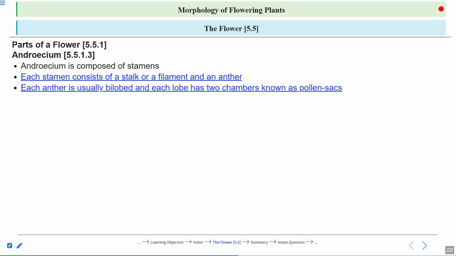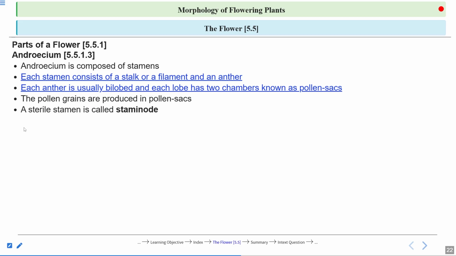If you cut the anther, you can see the two lobes, and each lobe has two chambers. So how many chambers are there in total? Four chambers, because two lobes are there, and in each lobe, two pollen sacs. So there will be four pollen sacs in total, right? The pollen grains are produced inside the pollen sacs only.